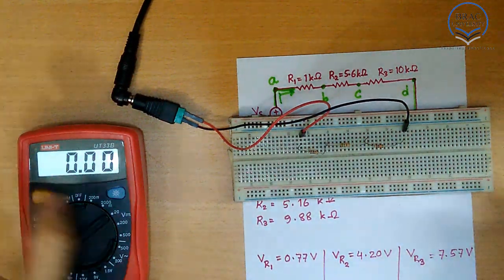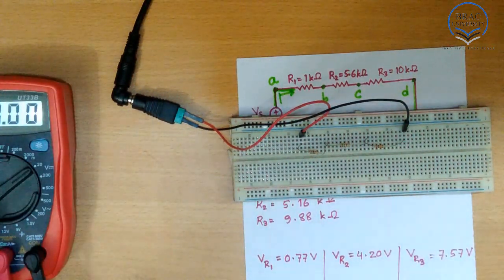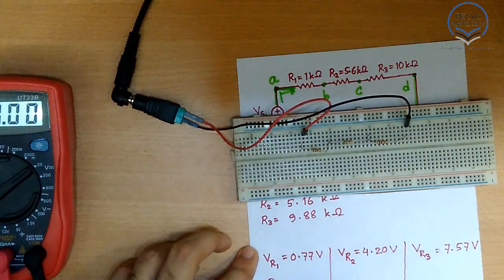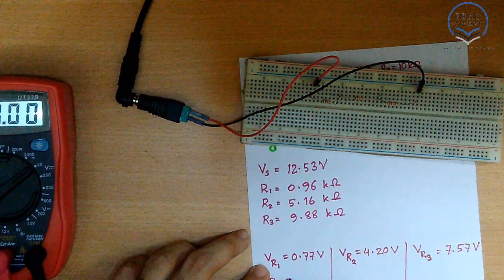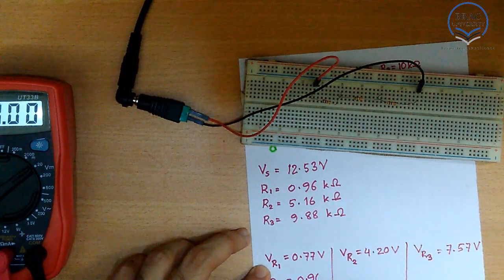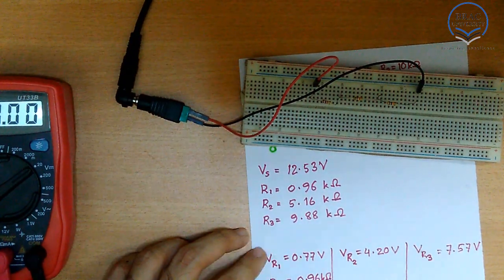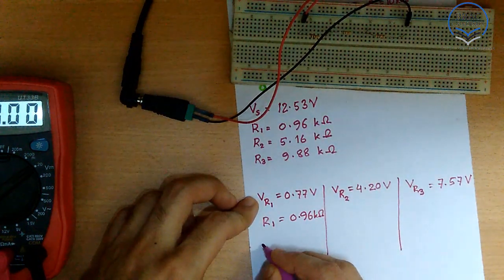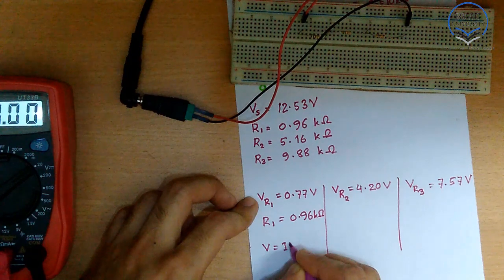So now we can determine the values of the current through these resistors, because we know the value of R1 is 0.96 kilo ohm, and according to Ohm's law we can write V equals IR.